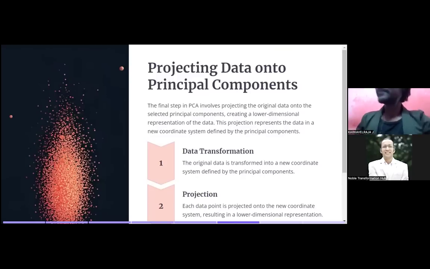Yeah, projecting data into principal components. PCA involves projecting the original data onto the selected principal components, creating a lower dimensional representation of the data. So, guys, why do we do that? Why was there a need for this? Or could we do it without it? So always ask this question.